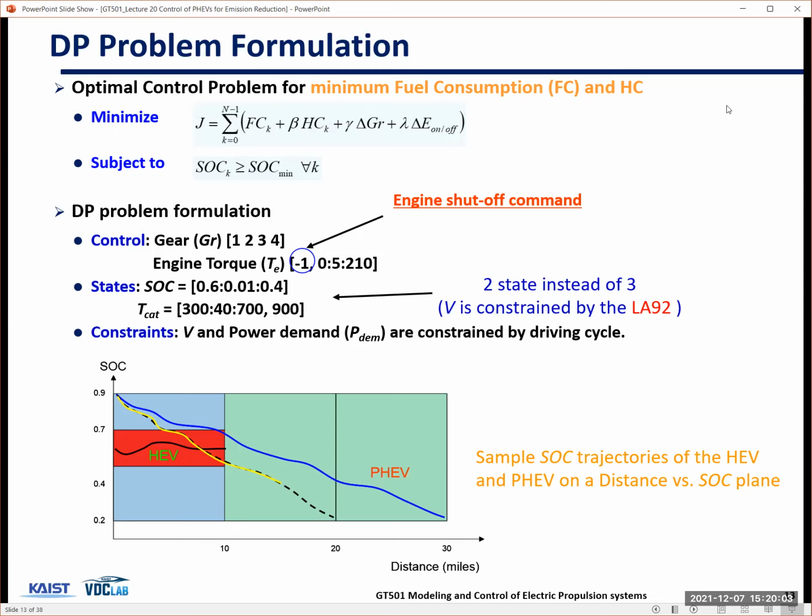So there was one major approximation to make DP computable.